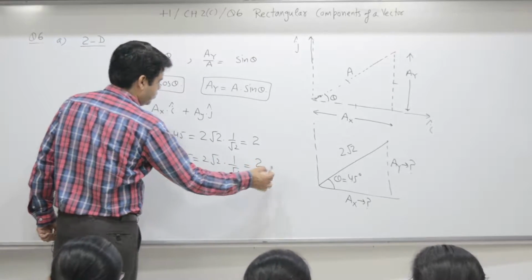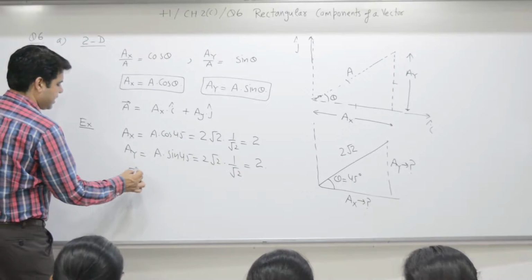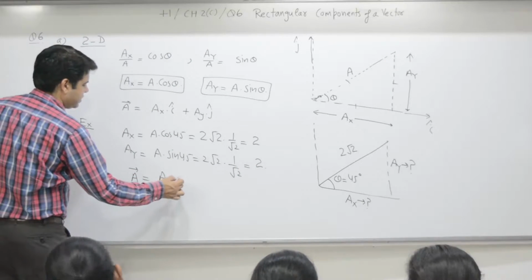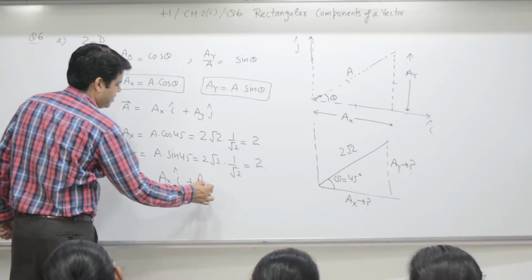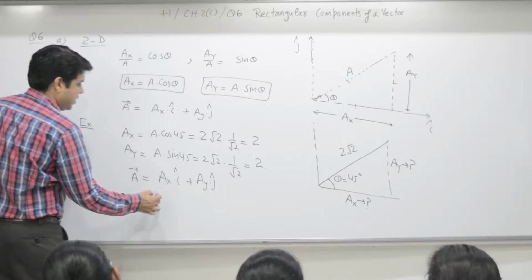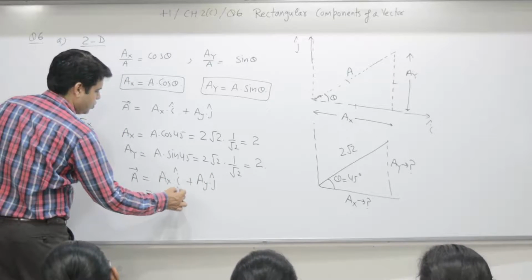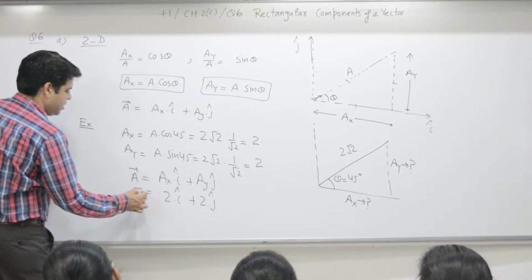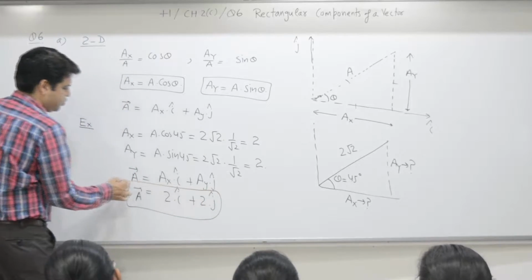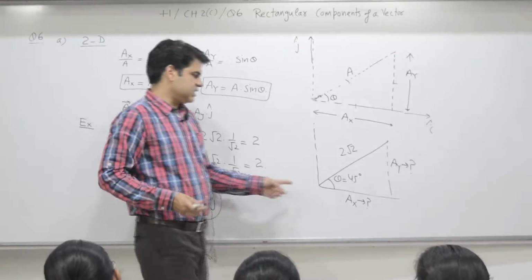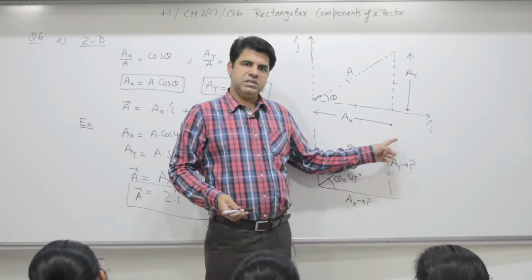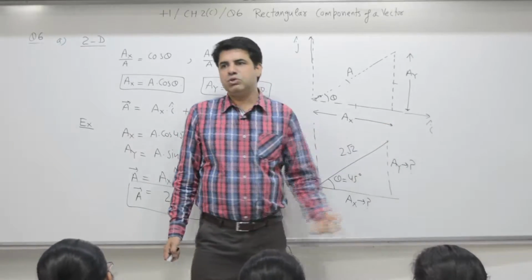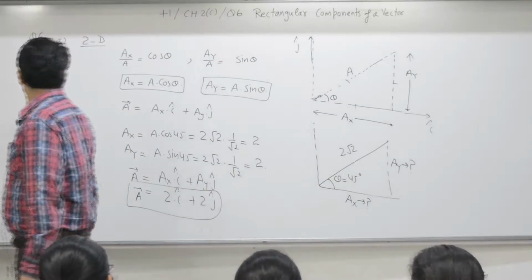It is also 2. Vector A can be written as Axi plus Ayj. Ax is how much? 2. Ay is 2. So, vector A is what? 2i plus 2j. 2 is its x component and 2 is its y component, and the resultant is 2 root 2. Time with you is 4 minutes.